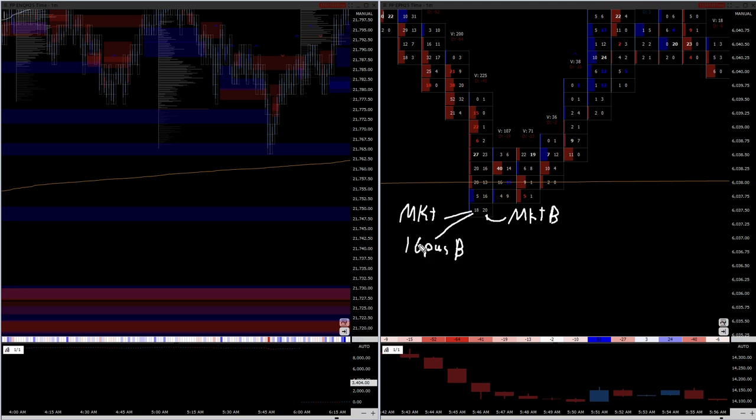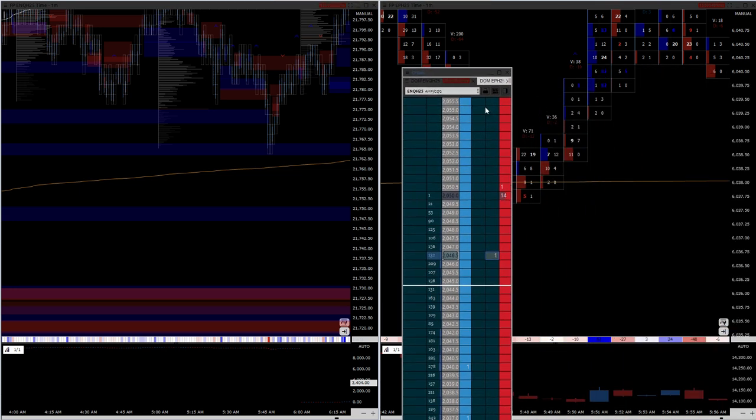And same thing here, 20 market sellers, there has to be 20 passive buyers, or 20 market buyers, there has to be 20 passive sellers, right? Common knowledge on the DOM.